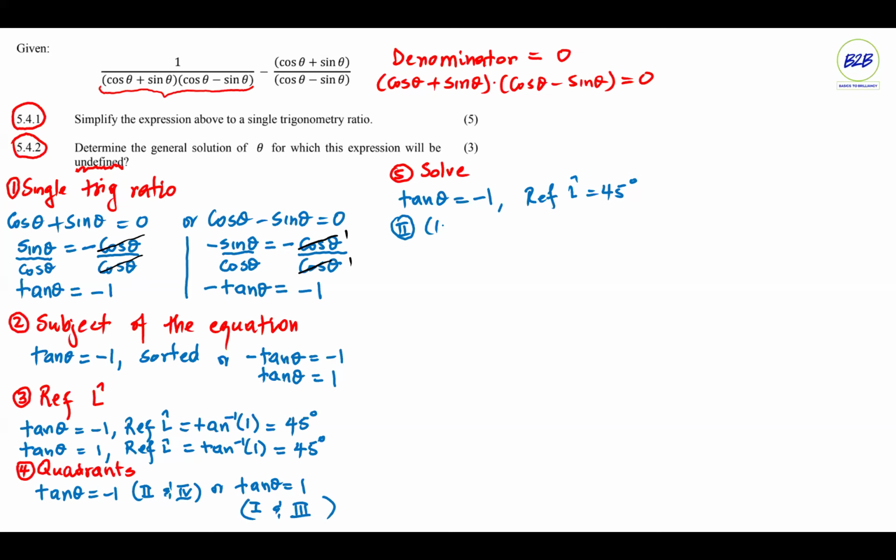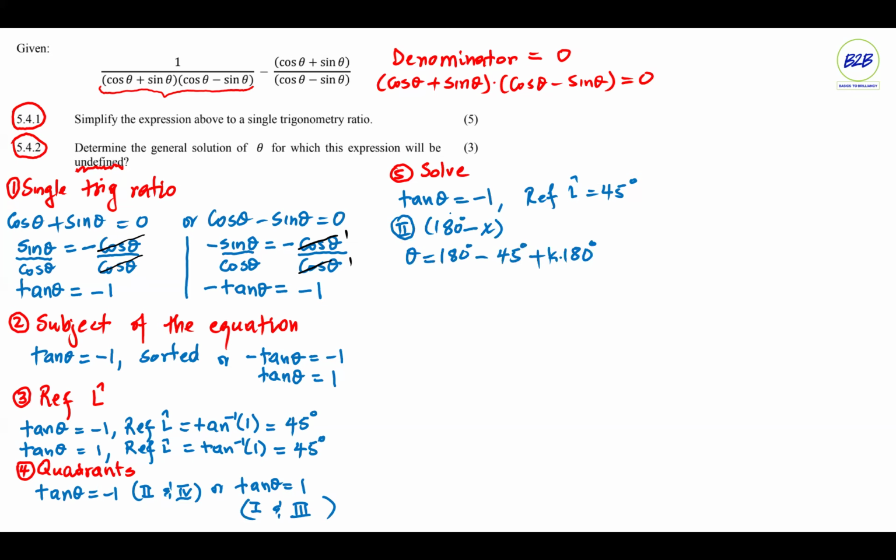And in the second quadrant, we have 180 degrees minus x, where x is the reference angle. We will then say theta is equal to 180 degrees minus 45 degrees plus k times 180 degrees.